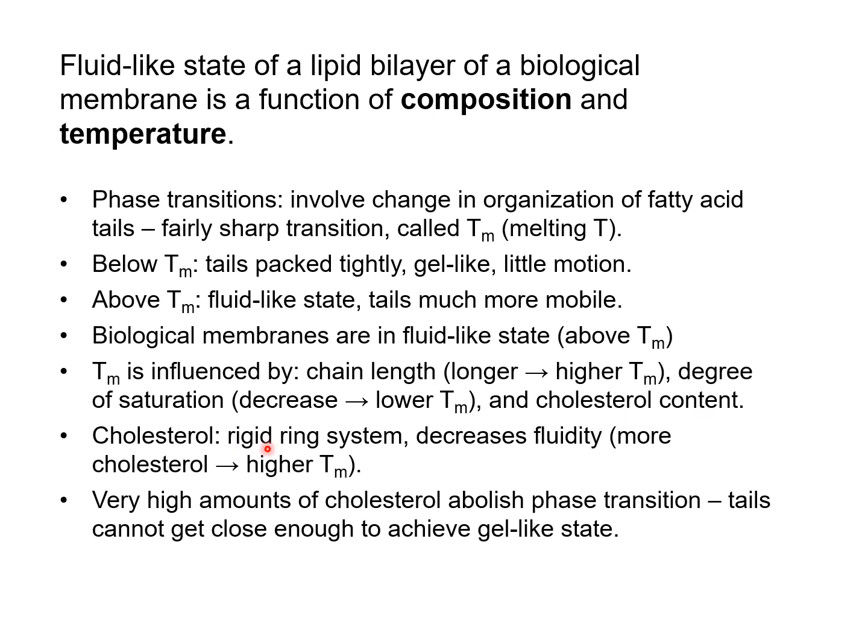Cholesterol is a rigid ring system, as you can imagine, with four fused carbon rings, so it decreases the fluidity of the biological membrane. That means the more cholesterol, the higher the melting temperature. But interestingly, very high amounts of cholesterol abolish the phase transition completely because the tails of the lipid molecules cannot get close enough to achieve the gel-like state anymore.